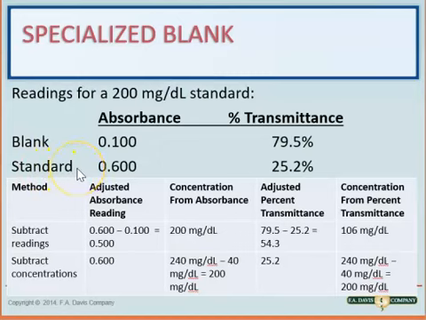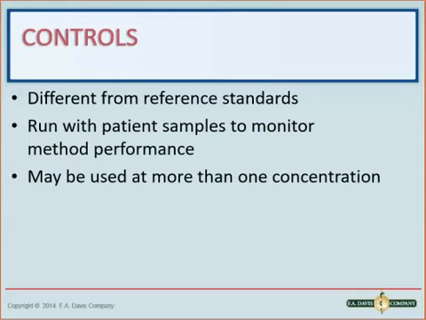So we're going to have to subtract our 0.1, which is our background from our blank, from our 0.6, which is our sample or our standard. That's what they've done here. 0.6 minus 0.1 is 0.5. So this would be the adjusted absorbance reading, taking into account the background of our specialized blank.